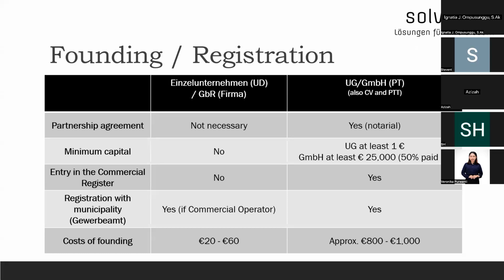If you open an Einzelunternehmen or a Gesellschaft Bürgerlichen Rechts, it's not necessary to make a contract, especially with an Einzelunternehmen, because you run your business by yourself, so of course you don't need a contract. If you make a GmbH, it's not necessary by law, but I would advise making a contract between you and your partner to make it clear how it works.